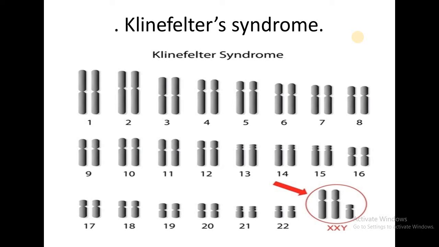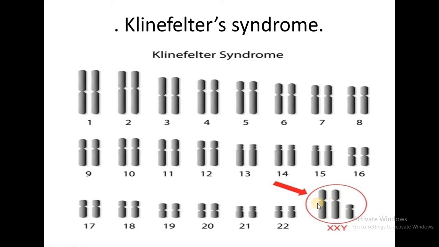Next, another type of syndrome is the Klinefelter syndrome. It is called Klinefelter syndrome because it was first discovered by H.F. Klinefelter in the year 1942, and the individuals have an extra X chromosome, XXY.